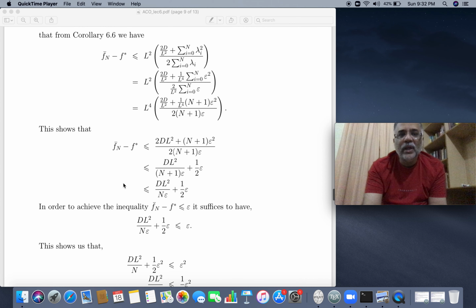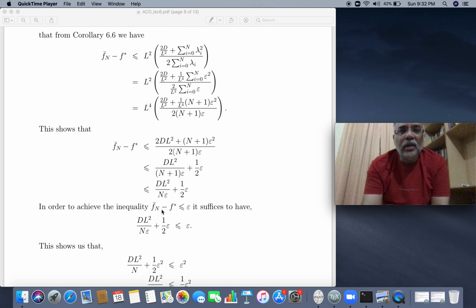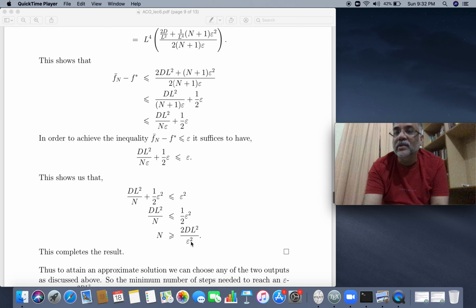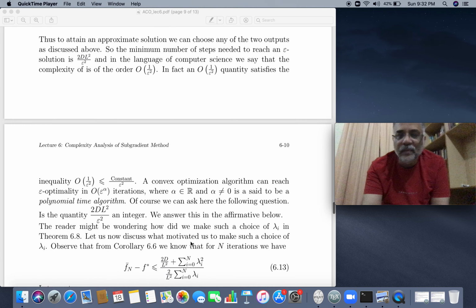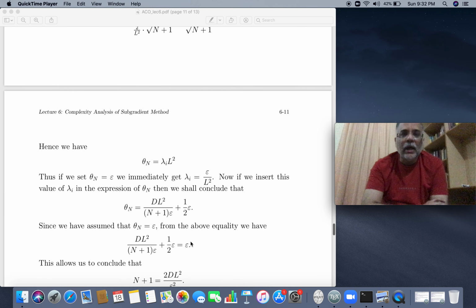Then in order to achieve my inequality, it will be sufficient if I have this part less than epsilon, and from there I obtain this inequality, the result.